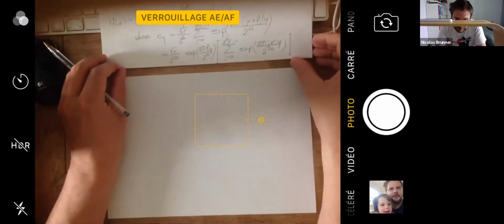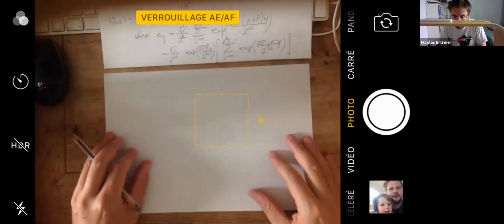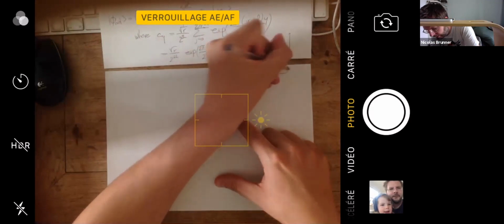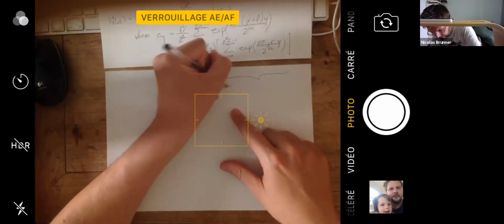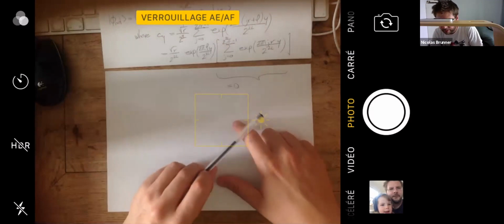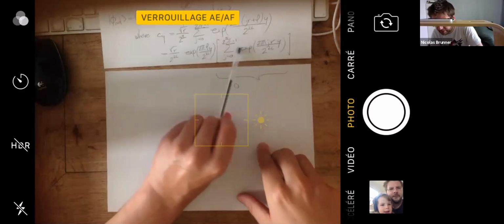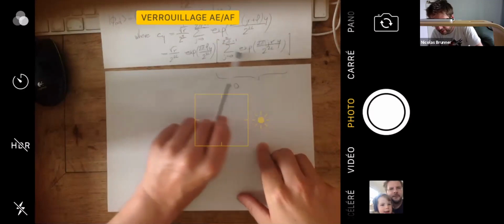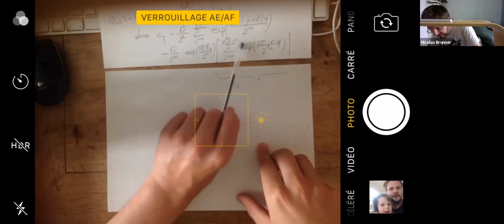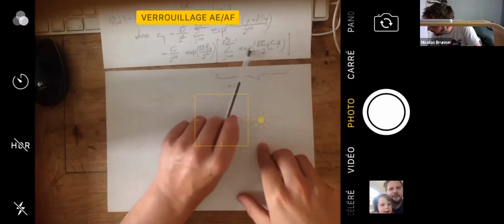So let me show it here. That thing is going to be equal to 0, unless that thing is equal to 1 for all j.